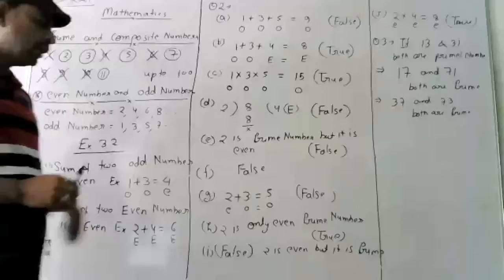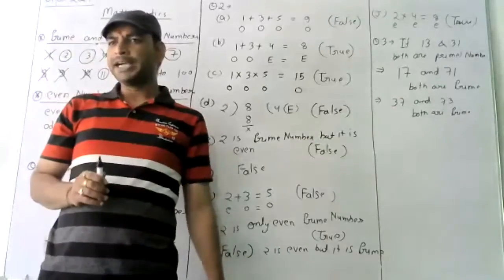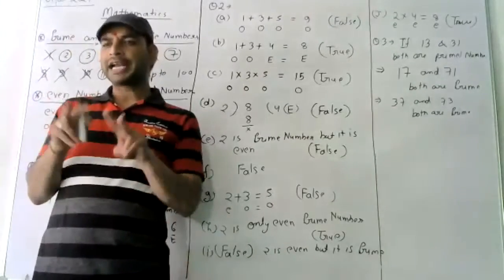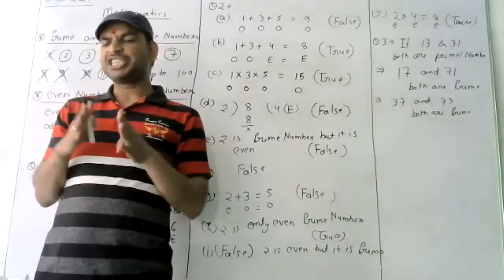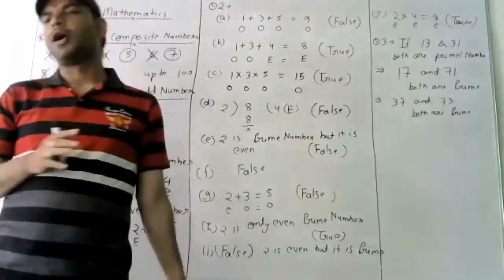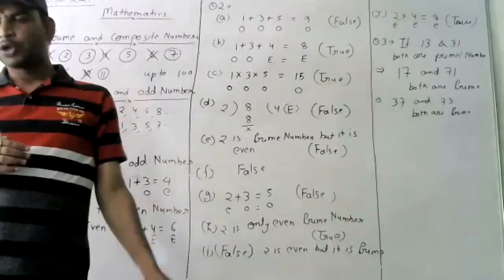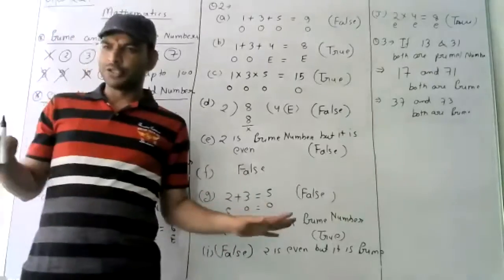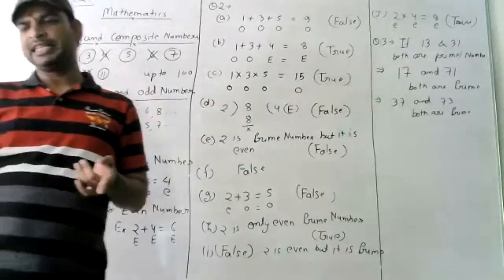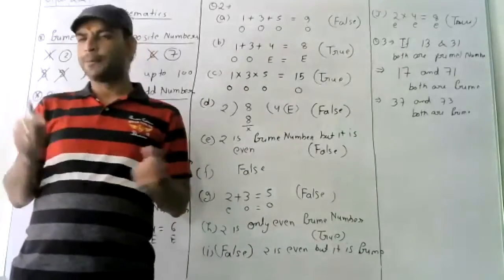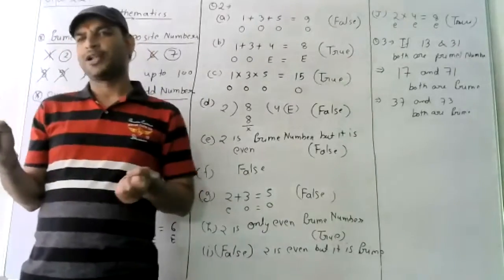According to this statement, 2 is a composite number, but 2 is a prime number. Both are opposed to each other. So this statement is false. 2 is even, but not composite; it is a prime number.